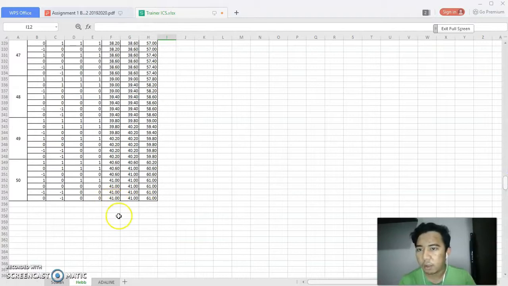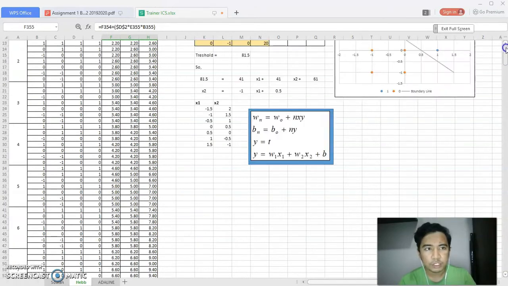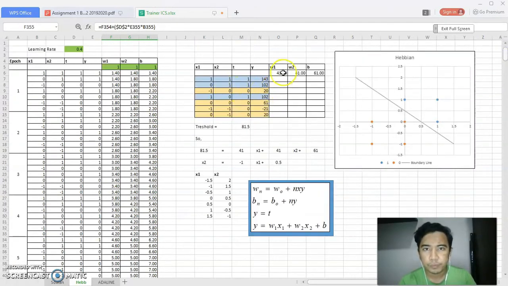So we find w1, w2 and bias until 50 epochs, and we take these three values to find the threshold. To find the value of y here, we use this formula: w1 multiplied by 1 plus w2 multiplied by 2 plus bias 61.